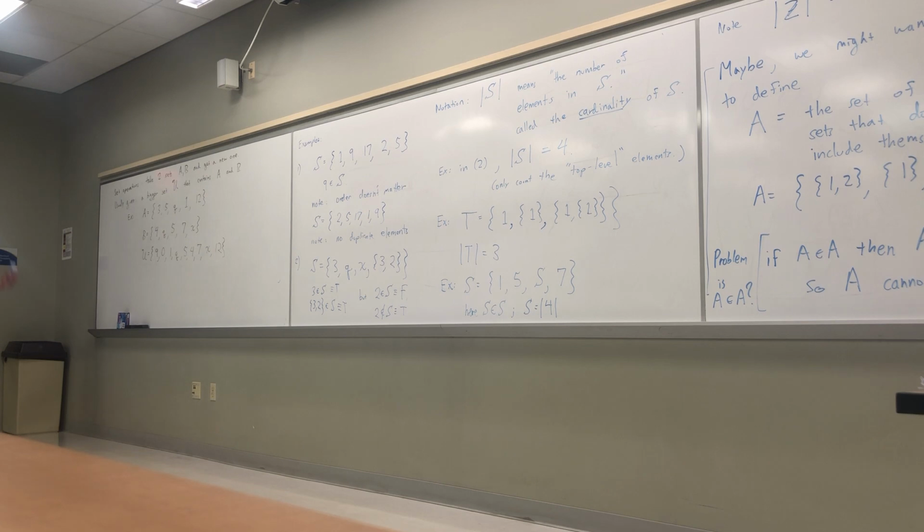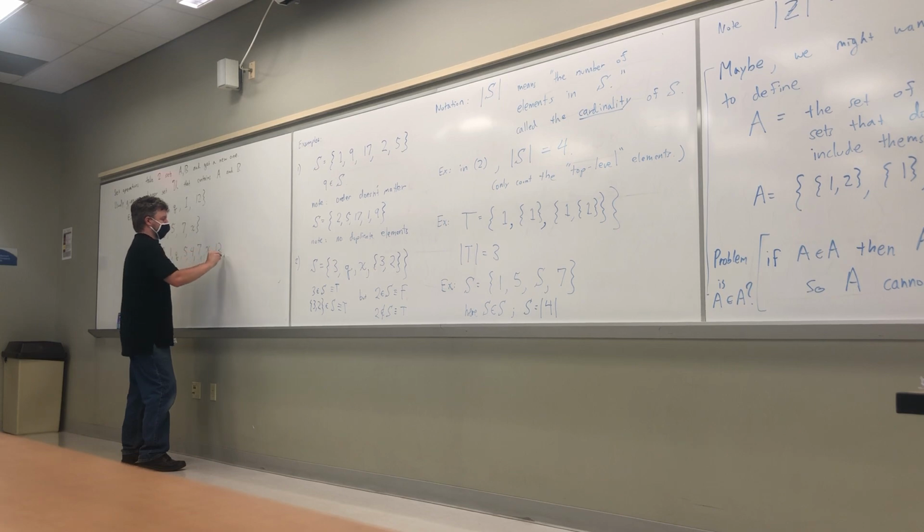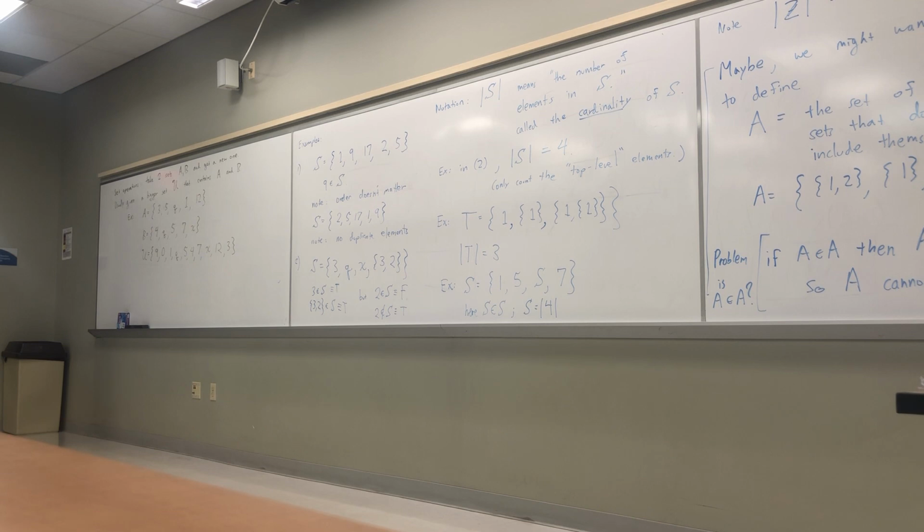Make sure that I didn't leave anything out. Oh, oops, I left out the 3. I wanted a big one that has both of the little ones in it. Yeah, that's everything.